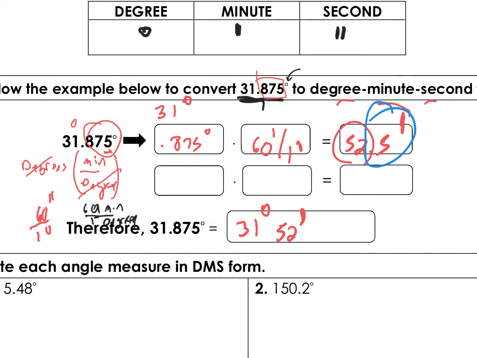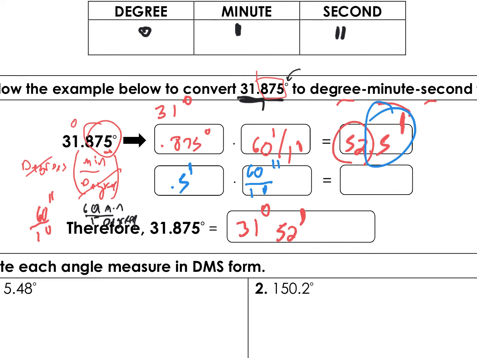So I'm going to take my 0.5 minutes and multiply it by 60 seconds for every 1 minute.